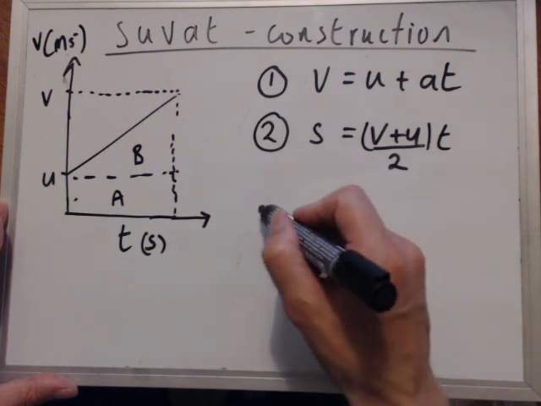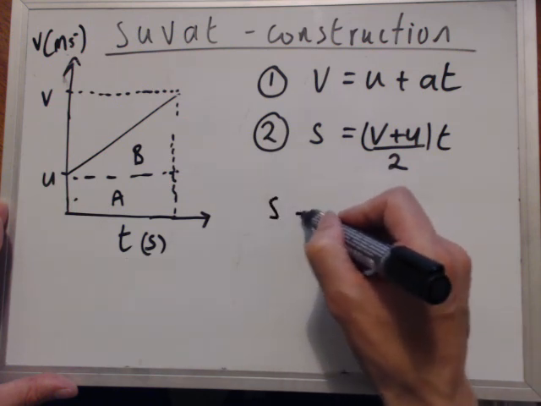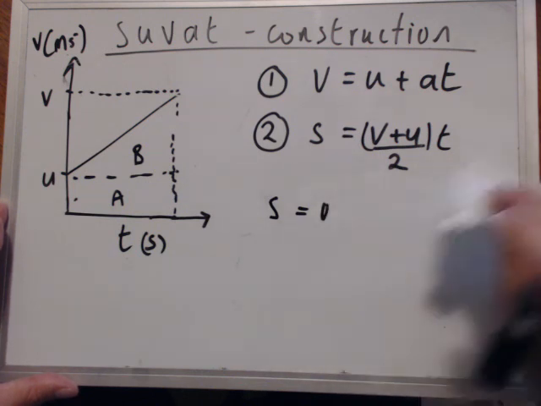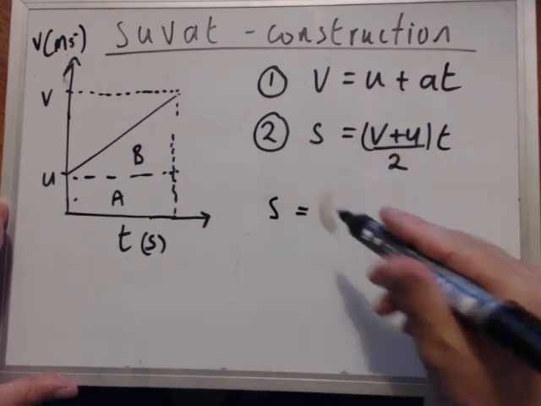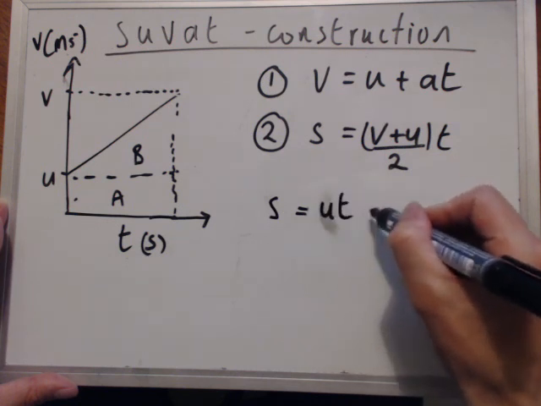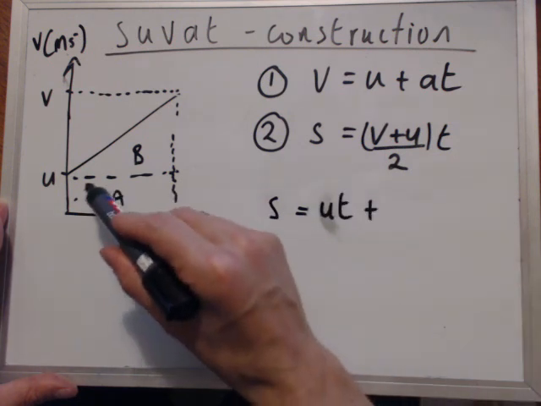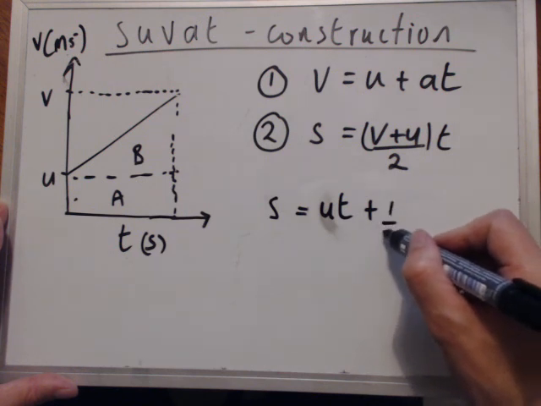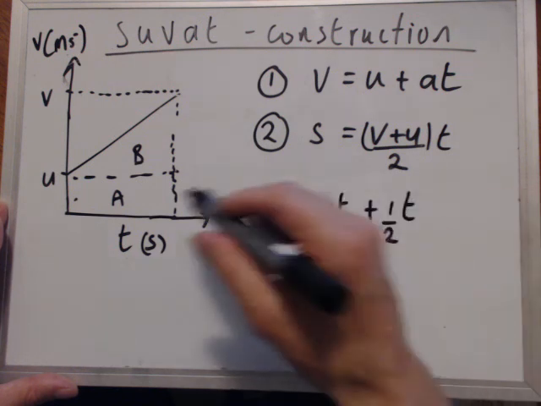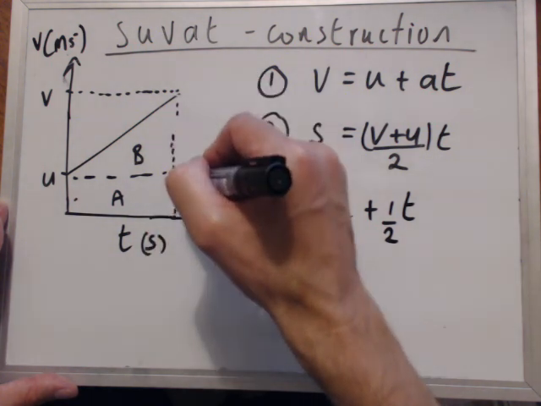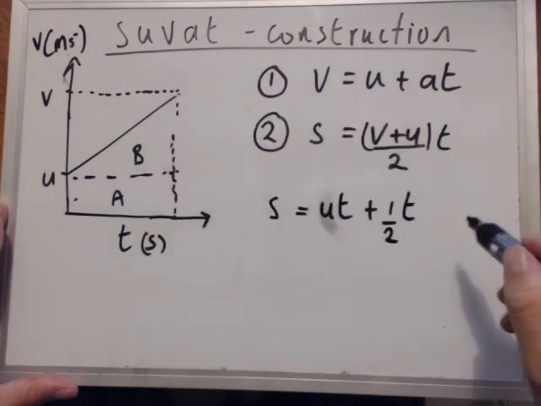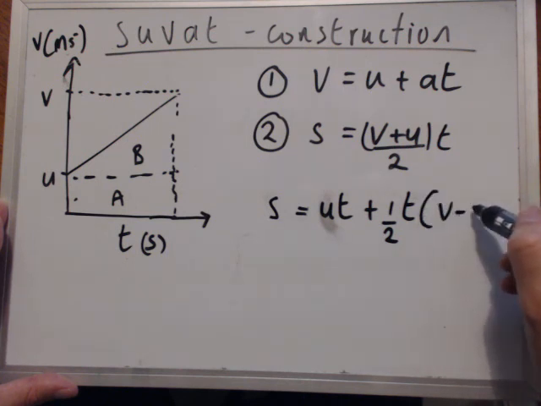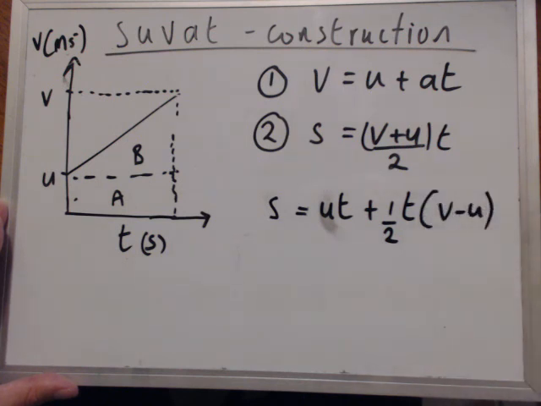The total displacement is equal to area A, which is u times t, plus, now here we have a triangle, half the base multiplied by the height, and the height is v minus u.